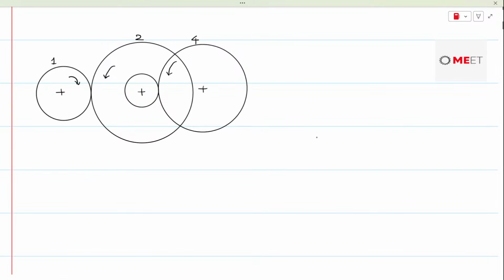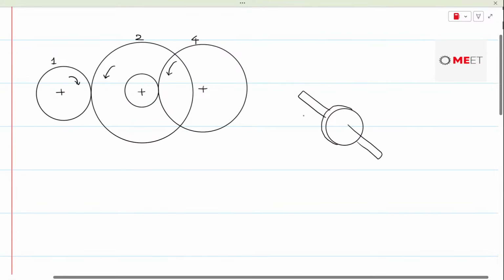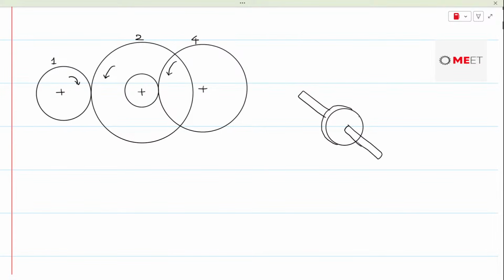And if you try to analyze this in a 3-dimensional way, this was gear number 1, and this is the shaft of gear 1. Gear 1 is in mesh with 2. 2 is the bigger gear.